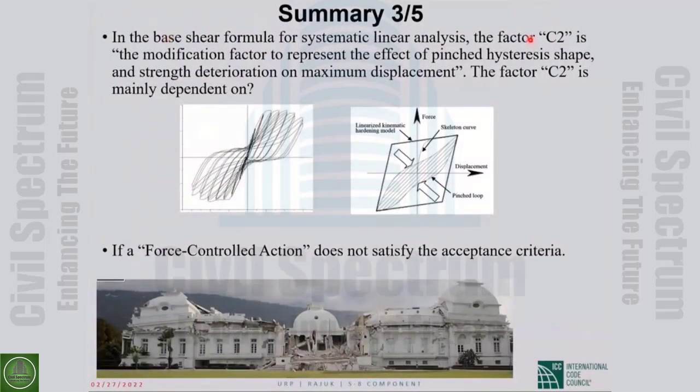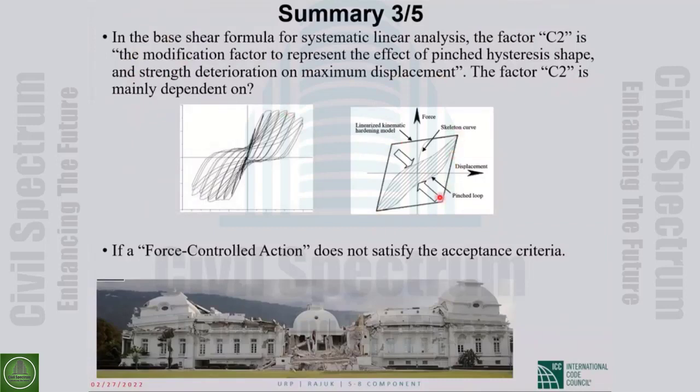Then there is another factor, C2, which is the modification factor to represent the effect of pinched hysteresis shape and strength deterioration on maximum displacement. Because it becomes like that instead of what we like, that is detailing. The factor C2 is mainly dependent on detailing.